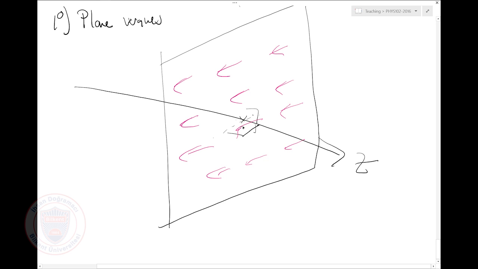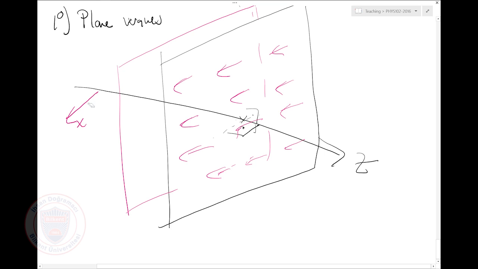So basically, if this is my propagation direction, you should think of planes perpendicular to it, and the value of the electric field and magnetic field on these planes are going to be the same. All right? So that's what's called a plane wave.